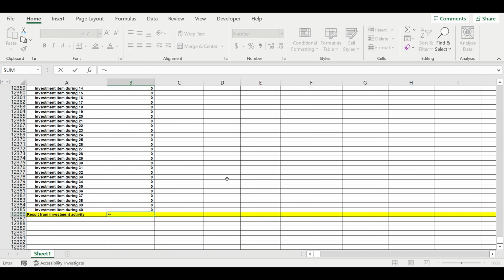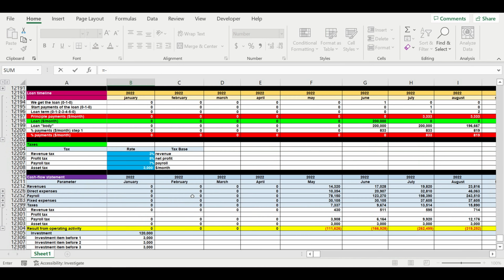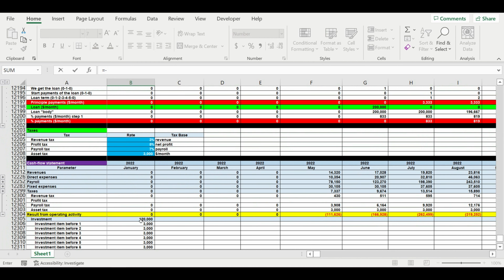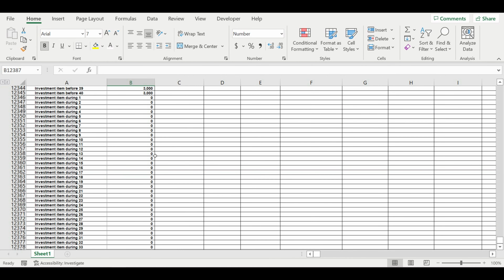We take this value with the opposite sign, because the investment in the majority of cases is the outflow of capital.